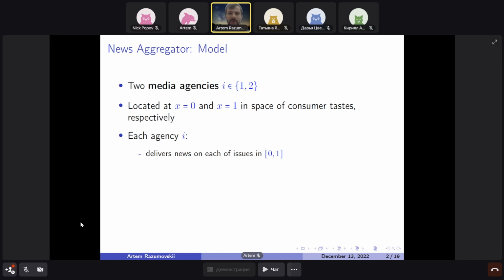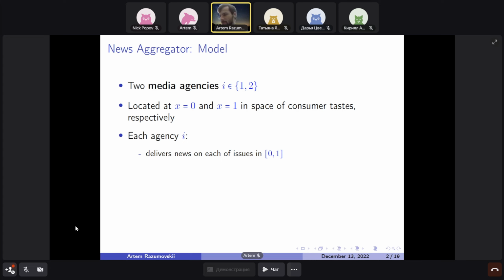Each agency provides news for topics from the interval 0, 1 as well. But that's a different interval: firstly, we have a space for consumers, for readers. You can be a person from the interval from 0 to 1.